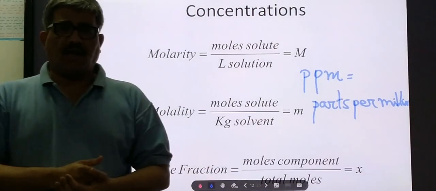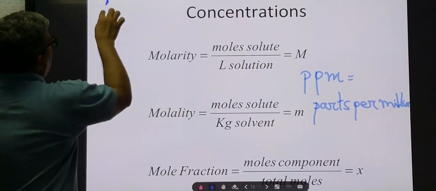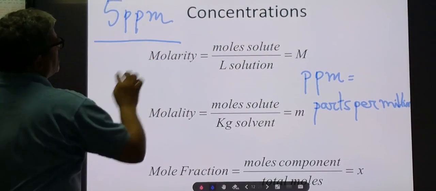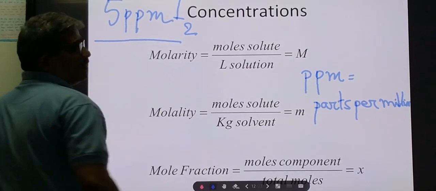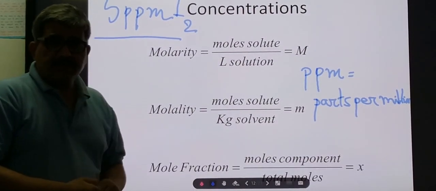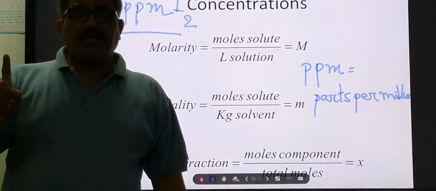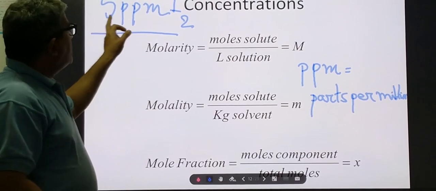Have you seen Tata Namak? In the Tata Namak, it is written 5 ppm. Supposing if it is written as 5 ppm iodine, what does it mean? That means if I have 1 million NaCl particles, there are 5 particles of I2.